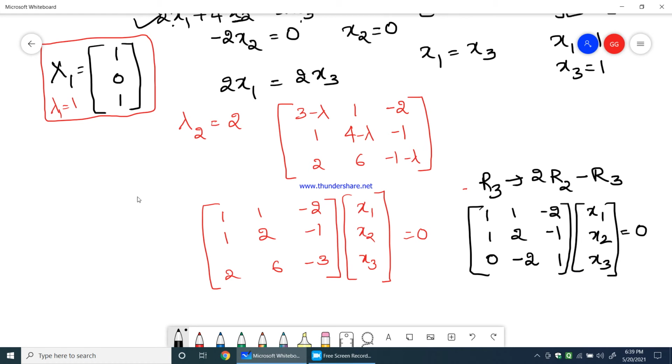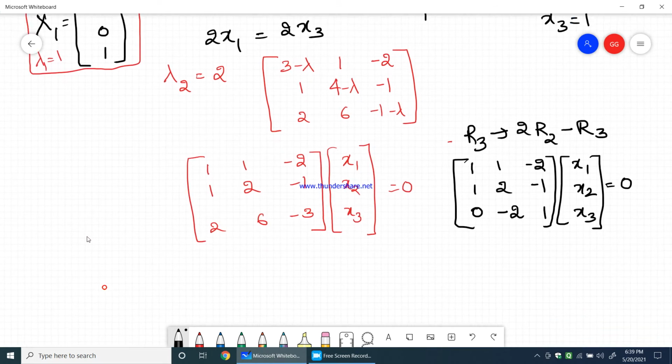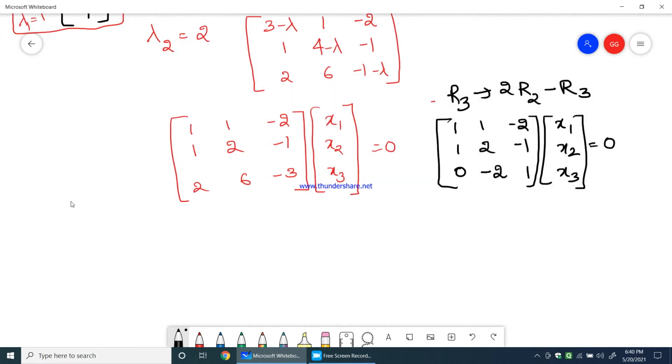Again we can do further row operations if possible. What we do here is take row 2 equal to row 1 minus row 2.